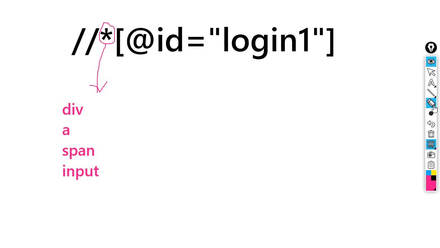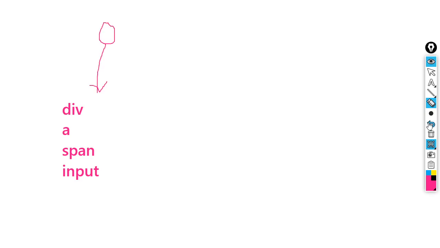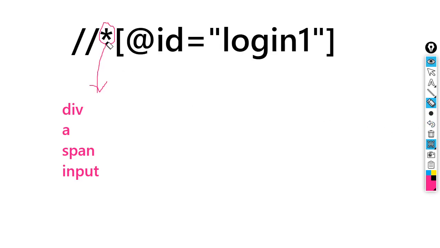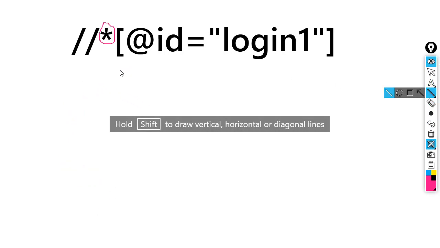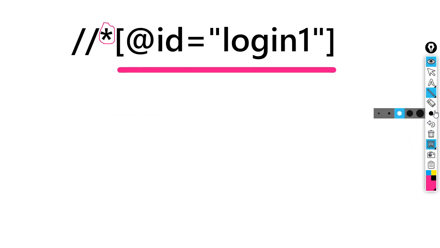Now the next thing, which is the main thing. Here, first of all, the square brackets. This means that the element has some information with it, right?